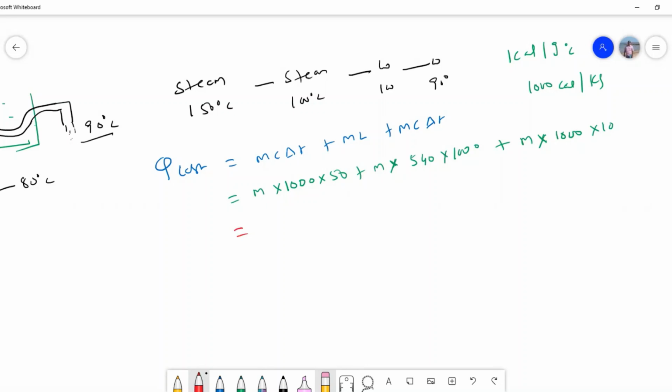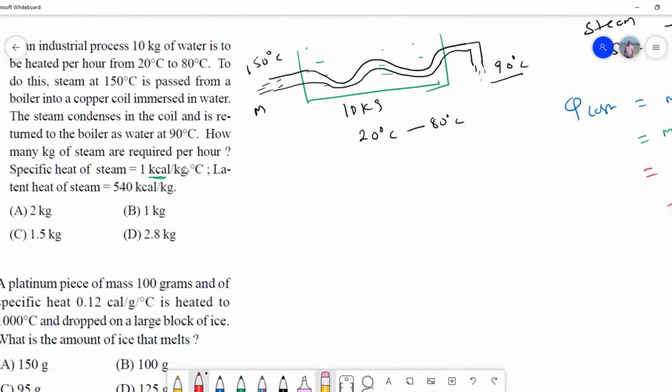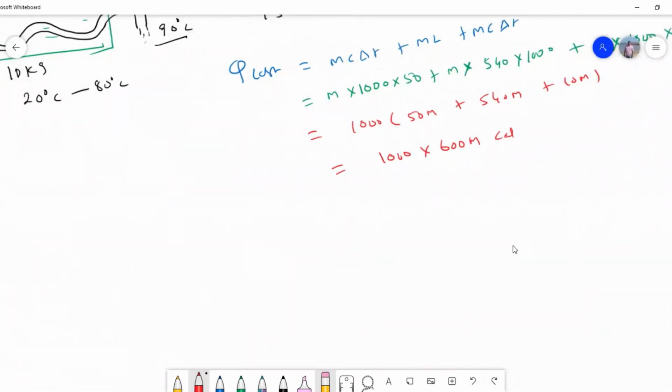So everywhere I can take 1000 common. So I have 50 M plus 540 M plus 10 M, so nothing but 1000 into 600 M calories of energy per hour. Because the question asks how many kilograms of steam are required per hour, we need to convert both in hours only. So this much energy is supplied in 1 hour.